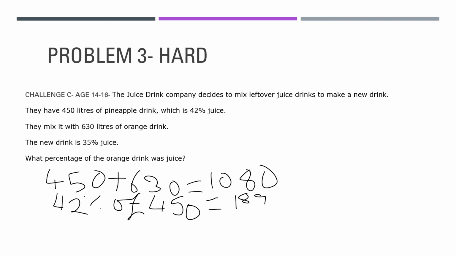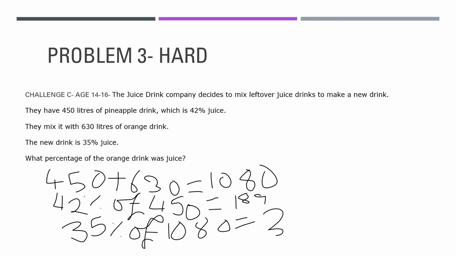Next, we're going to find out how much juice is in the new drink. So 35% of 1080 is going to be 378 liters.